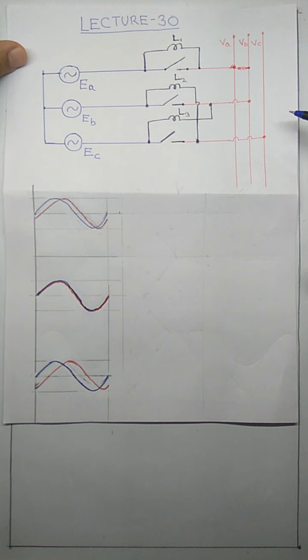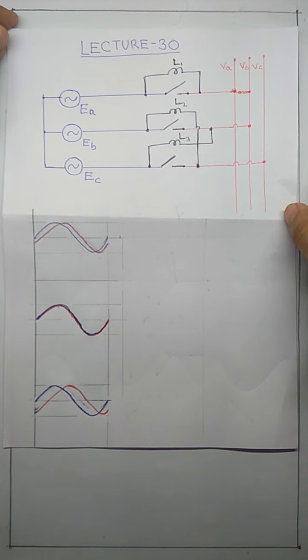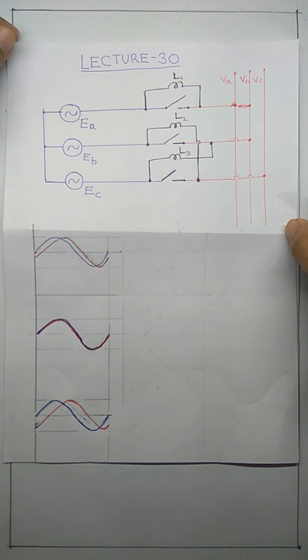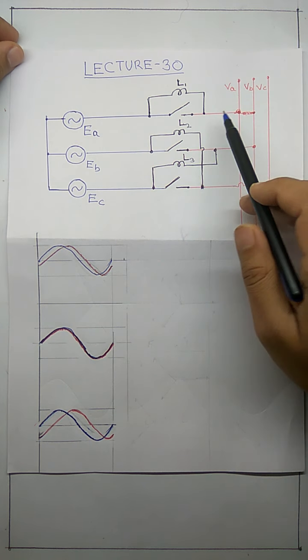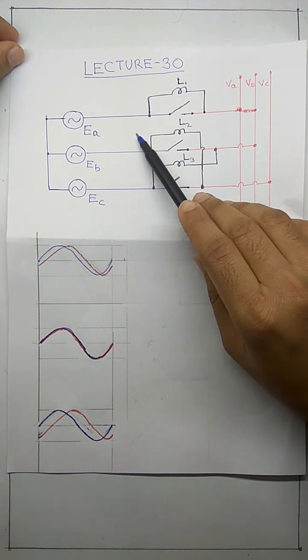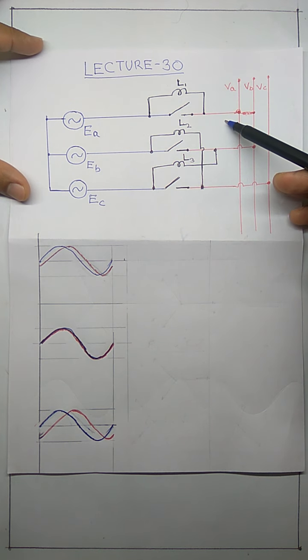Now the next question is that we have to ensure that they are in the same phase and their frequency is also the same. So to do this we will use a 3-lamp method. Here you can see that one lamp is connected across A phase of the machine and A phase of the grid.